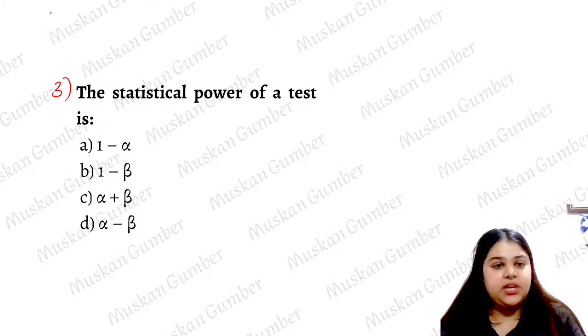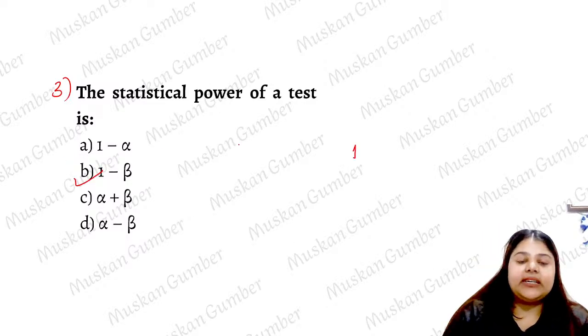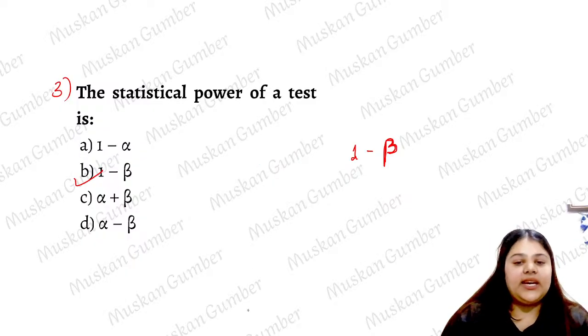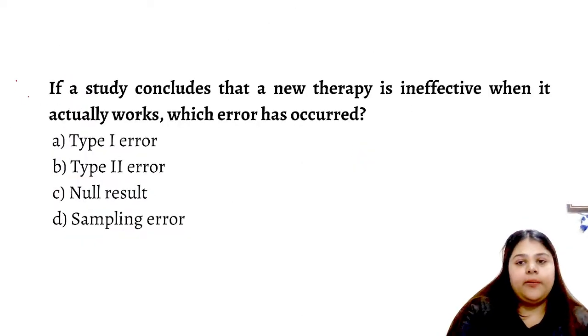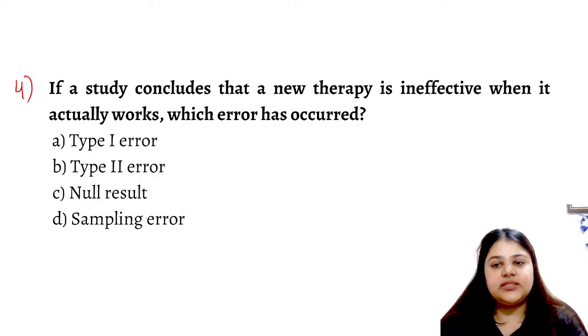All right, everyone, very good. We calculate the power of our test by deducting the chances of committing type 2 error, which is represented by beta, from one. Moving ahead to question number 4. Please read the question carefully and try to answer.